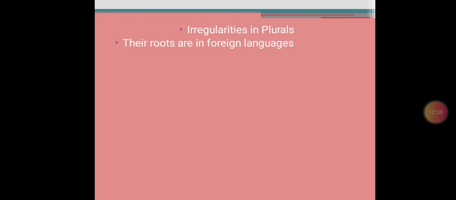Why they are irregular? Generally, these words have come from foreign languages to English. Means before they entered into the English language, they had their origin, root in another language.